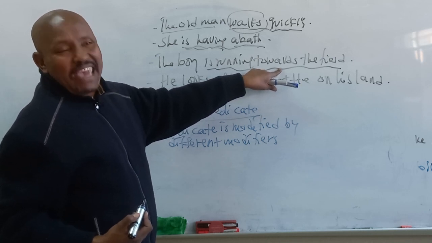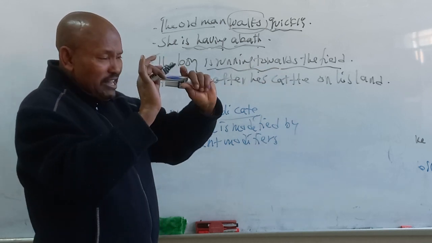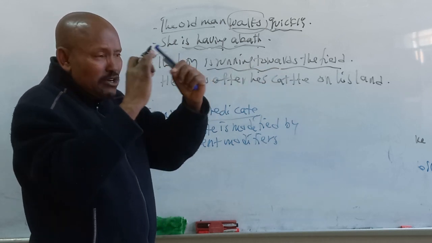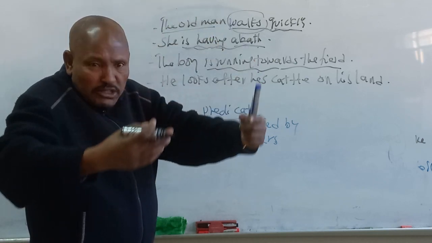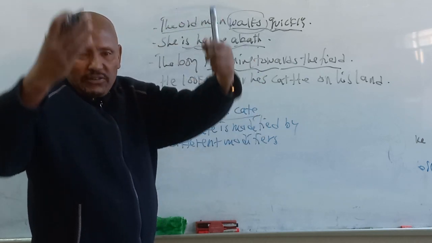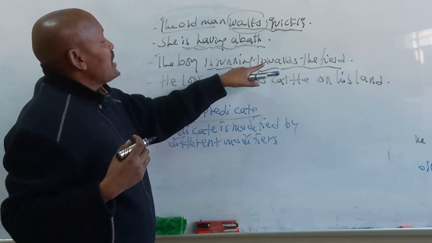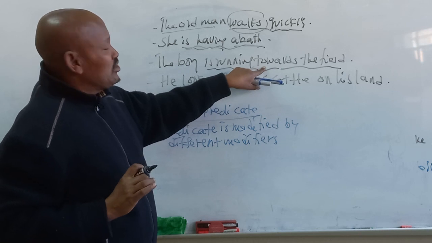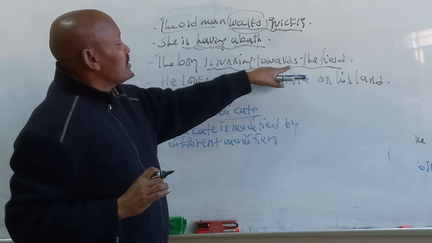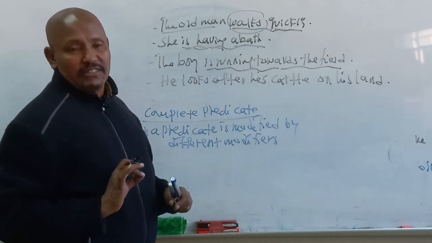Complete predicate ማለት verbuን በትክክል ገልጾ ማሳየት ነው. ድርጊቱ እየተፈጸመ ያለው የት ነው, መቼ ነው, እንዴት ነው የሚለውን ሊያሳይ የሚችሉ ሞዲፋየሮችን በመግለጽ complete predicateን ማሳየት እንችላለን. ስለዚህ is running towards the field ስንል complete predicate እንለዋለን.